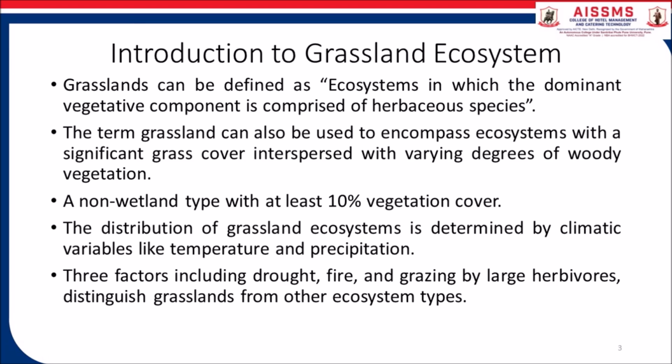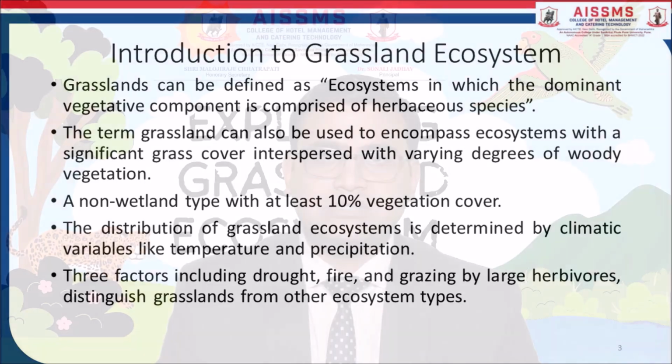The potential distribution of grassland ecosystem to a large extent is determined by three variables, mainly the climate, temperature and precipitation level. Three factors including drought, fire and grazing by large herbivores distinguish grassland from other ecosystem types.